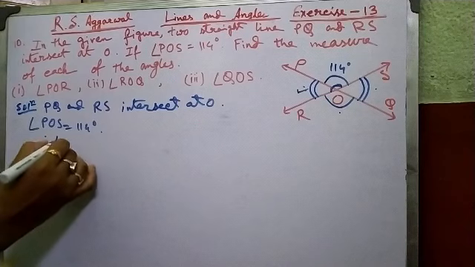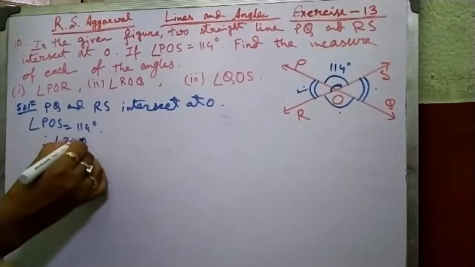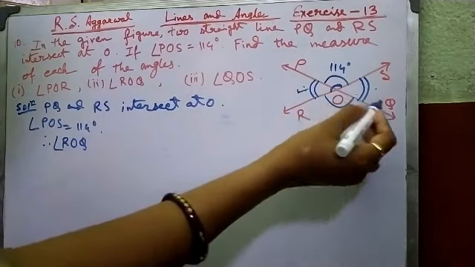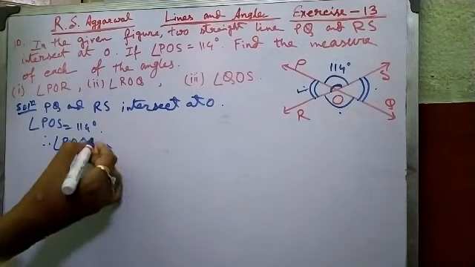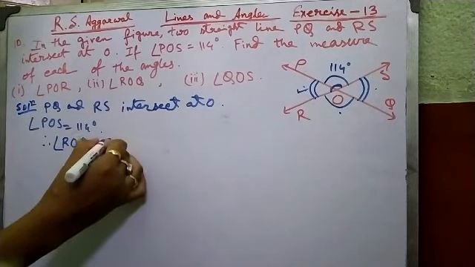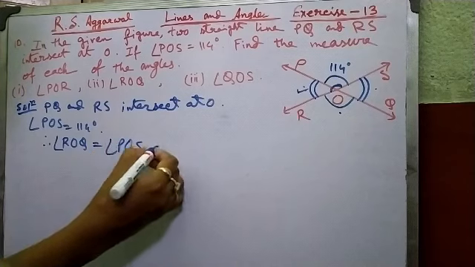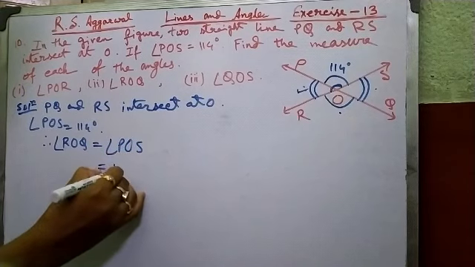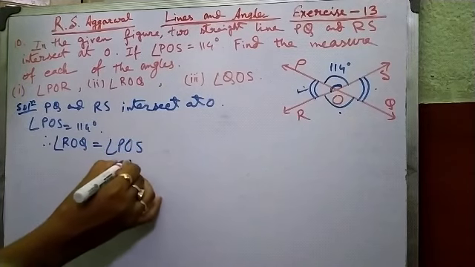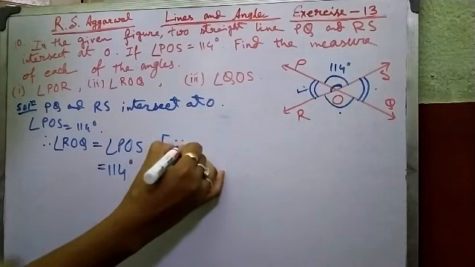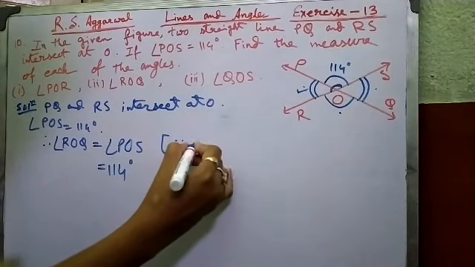Therefore, angle ROQ, this one angle, equal to angle POS equal to 114 degree. Reason will be these both angles are vertically opposite angle.